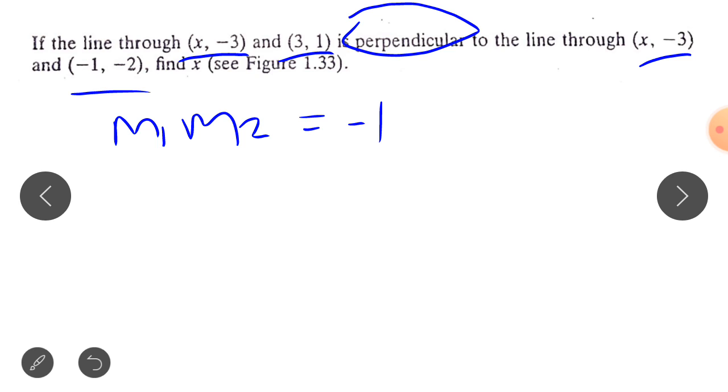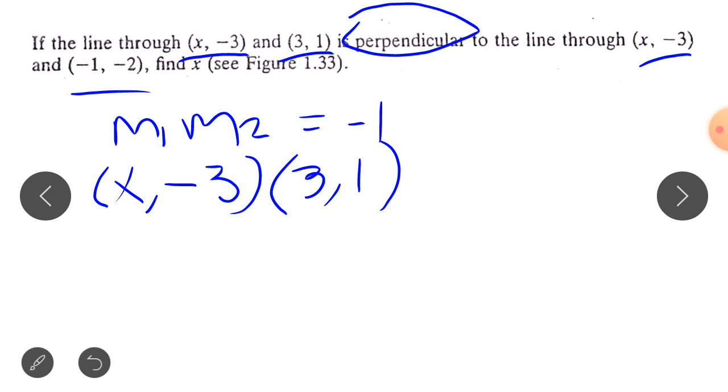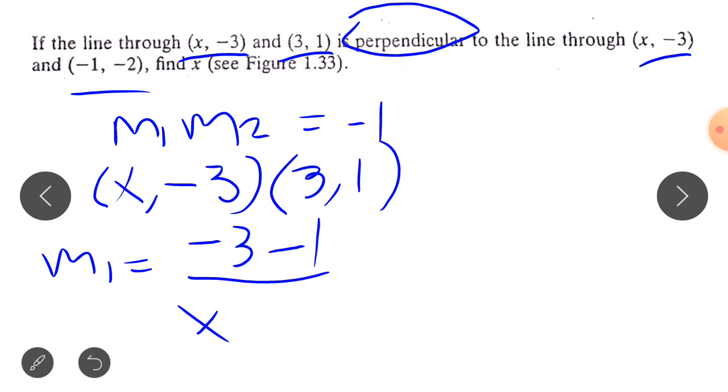So the first thing to do is to find the slope of the first line. Our first line passes through (x, -3) and (3, 1). So let's find the slope first. It will become negative 3 minus 1 over x minus 3. If you notice, this is y sub 1 minus y sub 2.